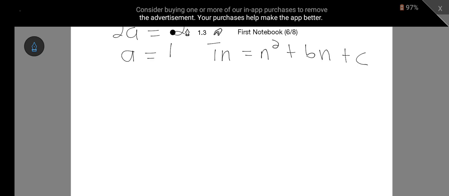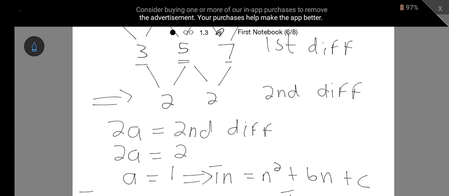Now, what you have to understand here is that we are going to take two terms. In this case, we're going to use the second term and the third term, and plug them into this nth term formula. Now, what is the second term in this case?